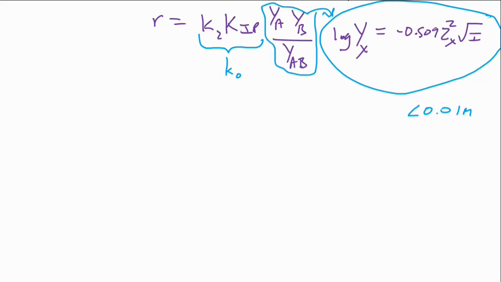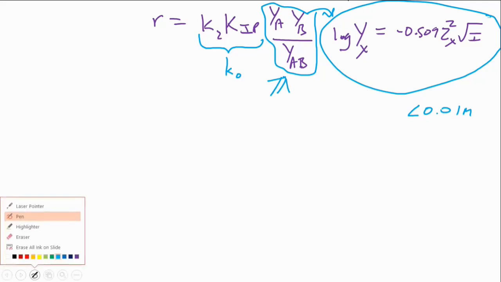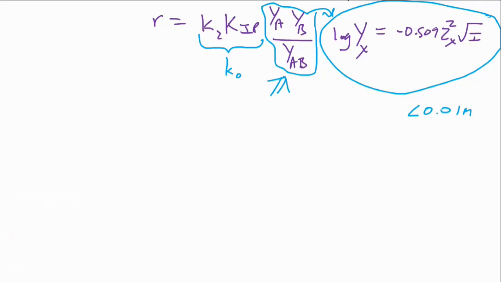Now remember that the log of a product is basically the same as the sum. So if I'm going to take the log of this thing, I will have log.